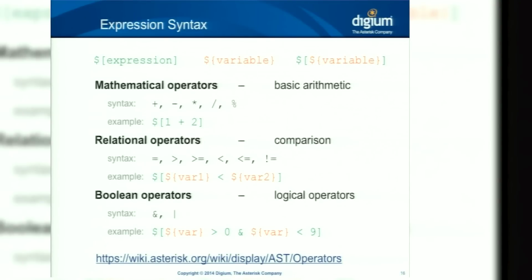And again, these nest, so you can dereference a variable inside of an expression and then use that as part of your expression. So there are mathematical operators, just your basic add, subtract, multiply, divide. Also there's modulus, if you want to get the remainder from the floor division, right? In any case, basic math, in our example here, 1 plus 2.